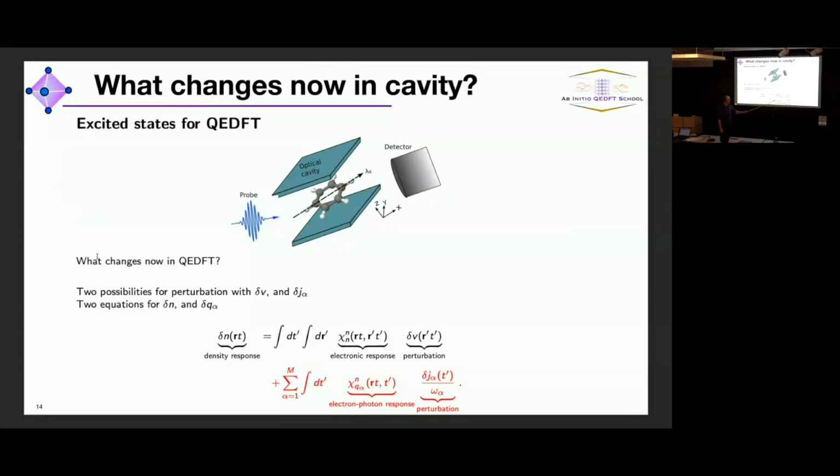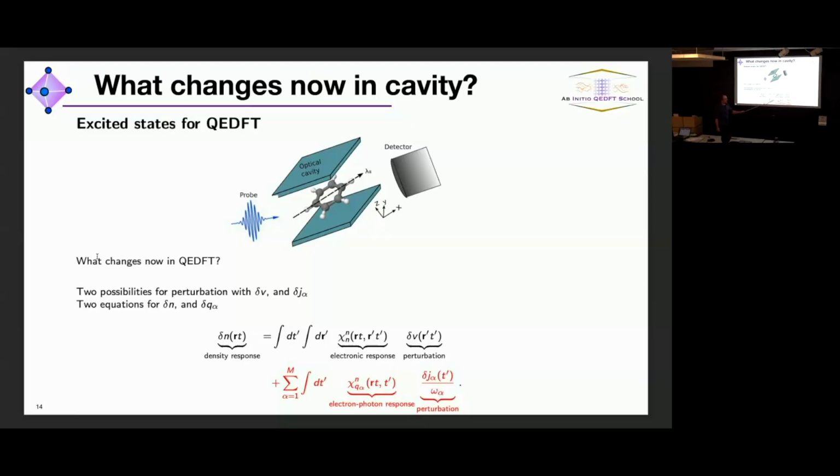And this is how these new response functions appear. We still have the electronic response function, which connects perturbations on the electronic part to an electronic quantity, the density. But now we have an additional response function, connecting a perturbation in the photonic sector to a response of the electrons, and we call this the electron-photon response.